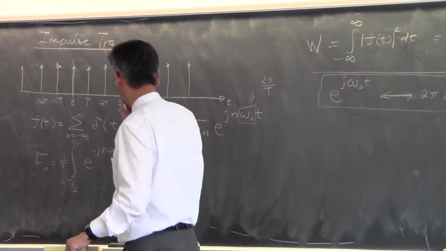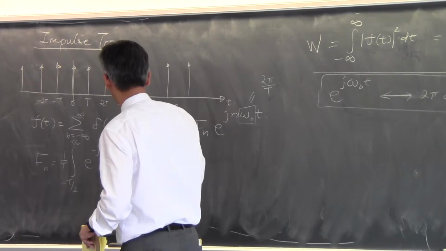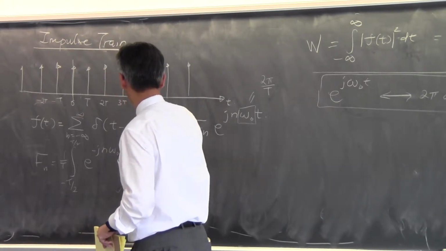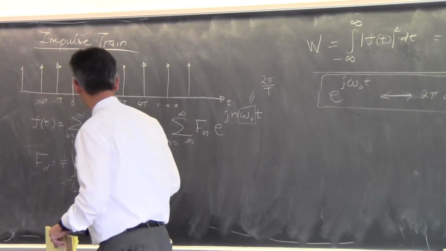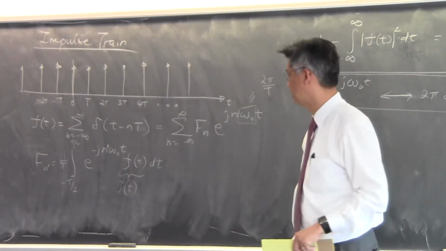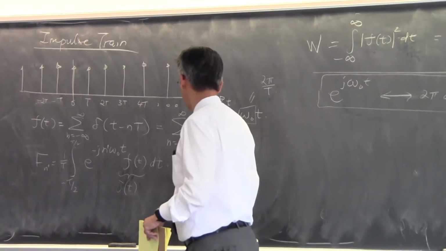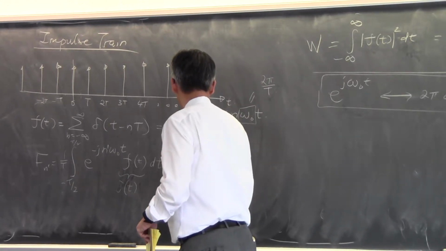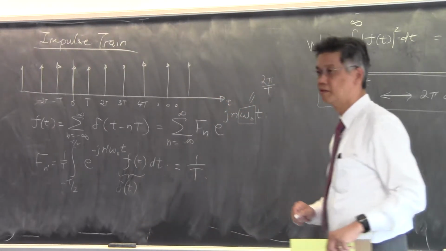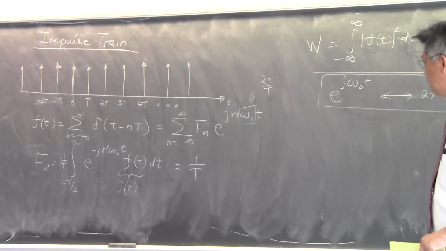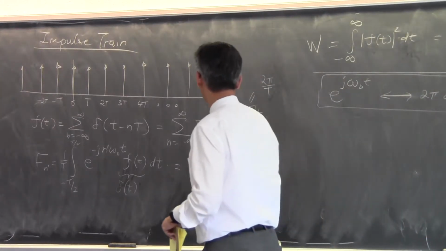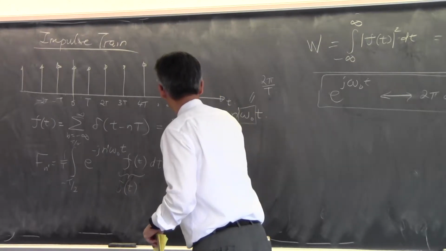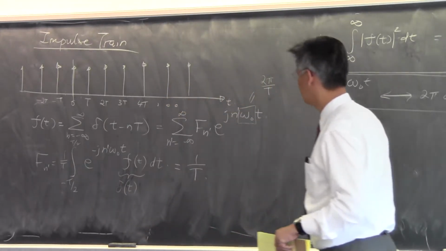The answer is actually correct. I just have to not confuse myself. There's an n over here, and there's an n over here. Better call this n prime, so as not to confuse myself. So if I perform this integration, F sub n is just 1 over T. Should there also be an n? Yeah, this should be n primes. All of this should be n primes, so I don't confuse myself.